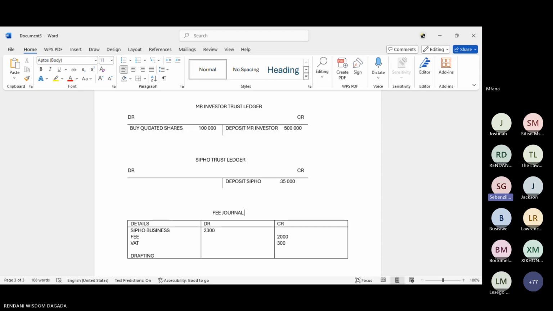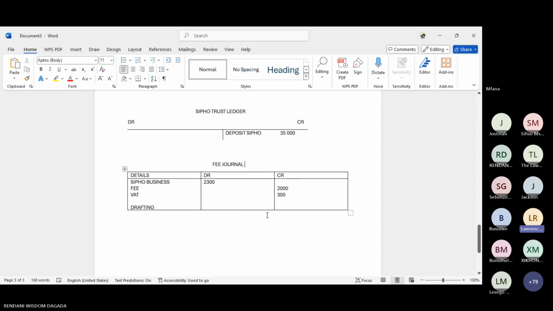Since Sipho owes us 2,000 in terms of fees, Sipho becomes a debtor to the business. Correct, that's how you can see it. It's not the trust. Don't worry, I see you are worried about your fees. You'll pay yourself at the end of the matter once everything is done. For now, we'll just make him a debtor.